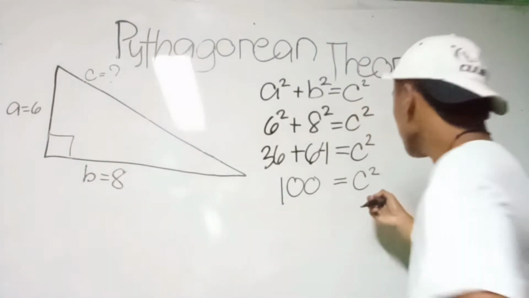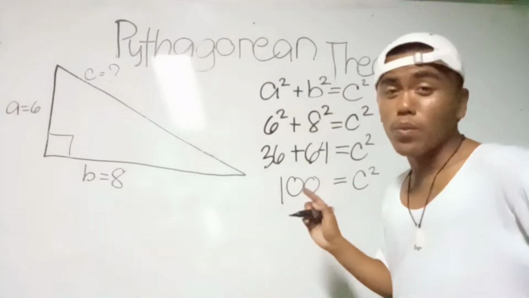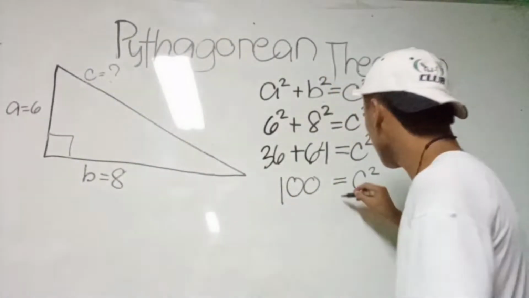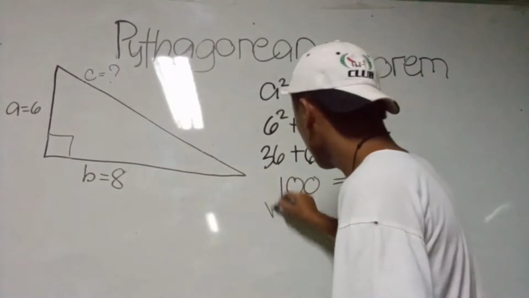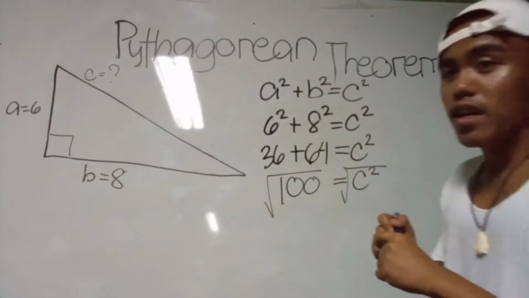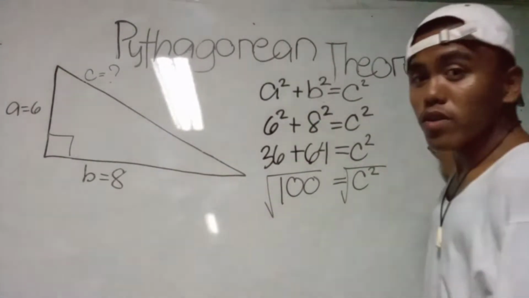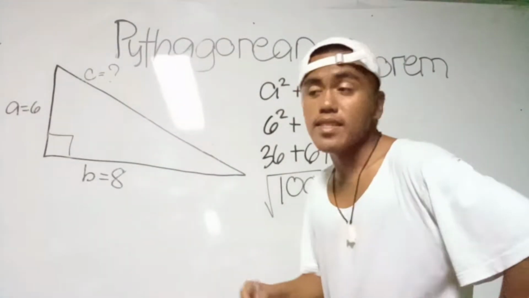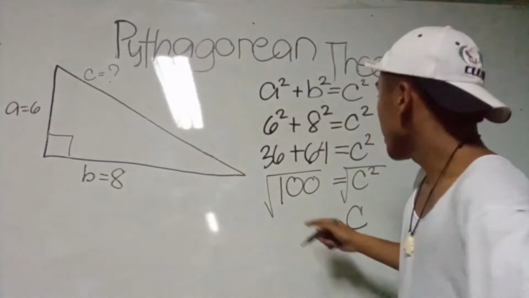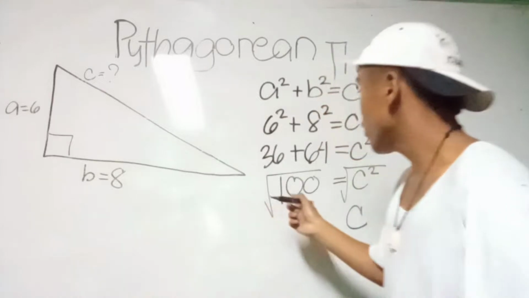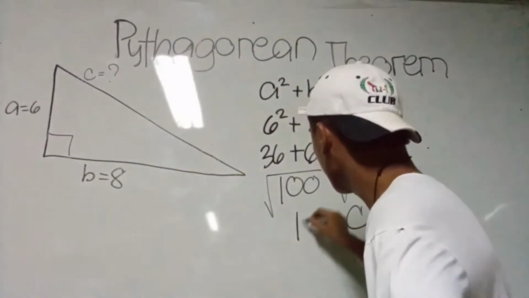To find the value of C itself, we need to take the square root. The square root of C squared is C, and the perfect square root of 100 is 10.